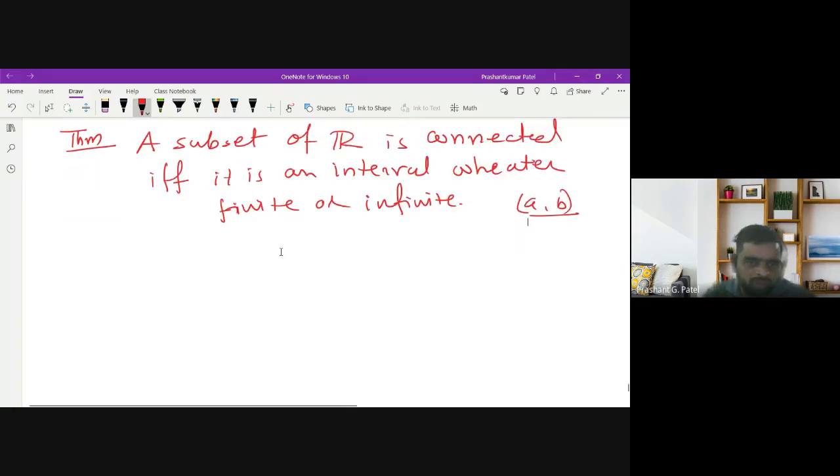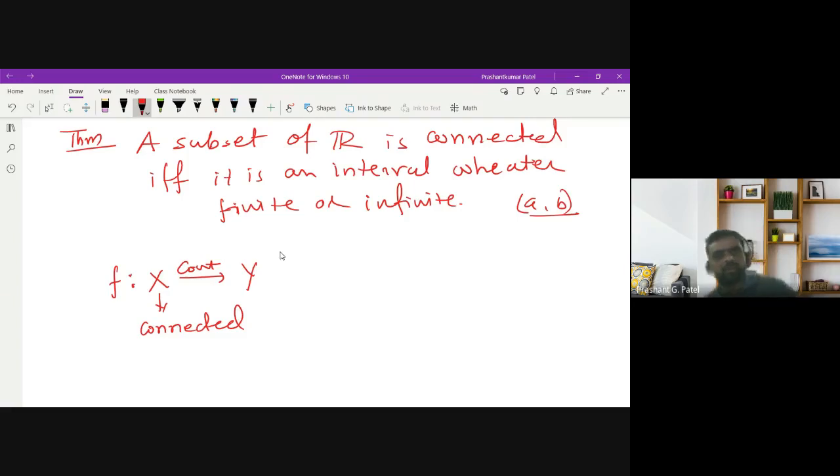Now, a very interesting question one can ask here: if you have a function f from X to Y, where X and Y are both metric spaces, f is a continuous function, and X is connected, can we say that Y is also connected? That means, under a continuous function, is connectedness preserved?